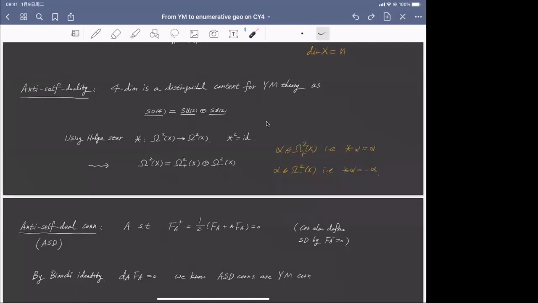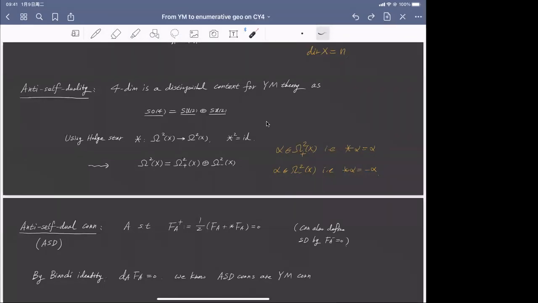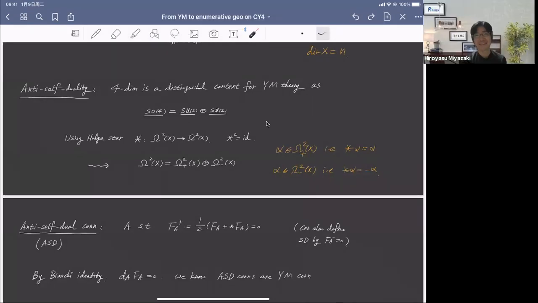But on the mathematical side, people are interested in these things because, first of all, the theory is very beautiful. And second, maybe this is the most important reason: in mathematics, if the structure is very beautiful, then it deserves study.